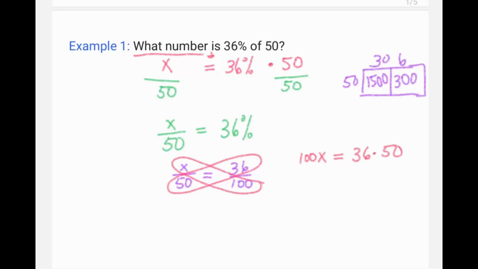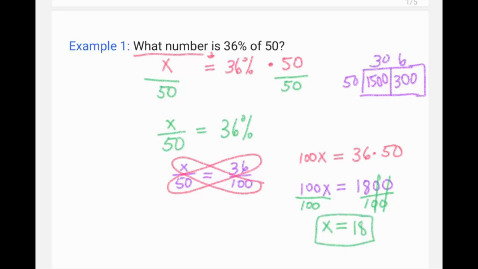When we add those together, we will get 1,800. So 100x is equal to 1,800, and we want to isolate x, so we're going to divide by 100 on both sides. 100 can go evenly into 1,800, so our final answer becomes 18.